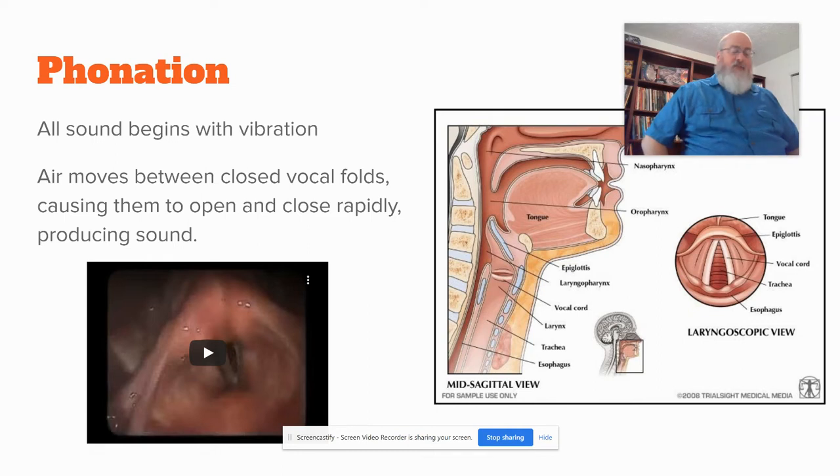The lower you sing, for example, this note, would be at about 110 vibrations per second. Higher, it gets higher. This one would be 440, and this one would be 880 times per second. So the higher you sing, the faster the vibrations are happening in your vocal folds in order for you to sing high or low. That is phonation.